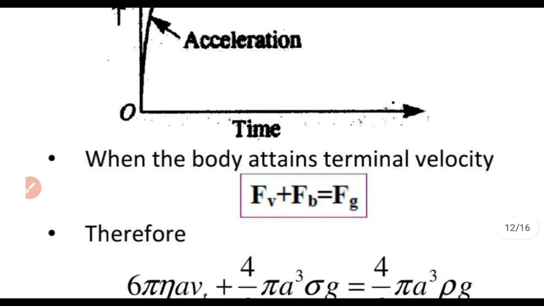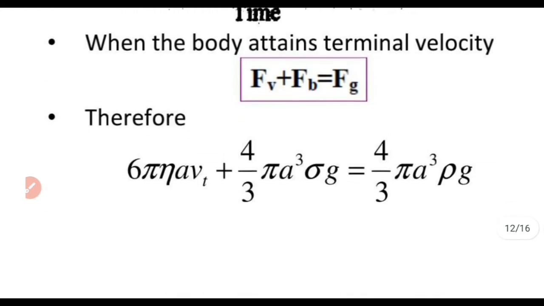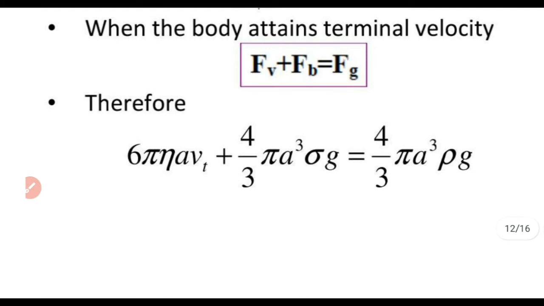Now we will obtain an expression for terminal velocity. So we consider the situation when the body attains terminal velocity. When the body attains terminal velocity, we said net force is equal to 0. Net force equal to 0 means total downward force is equal to total upward force. In the downward direction only gravitational force is acting, and in the upward direction buoyant force and viscous force are there.